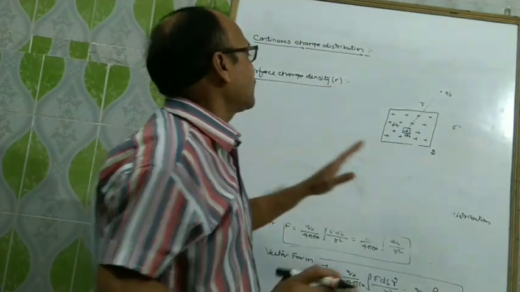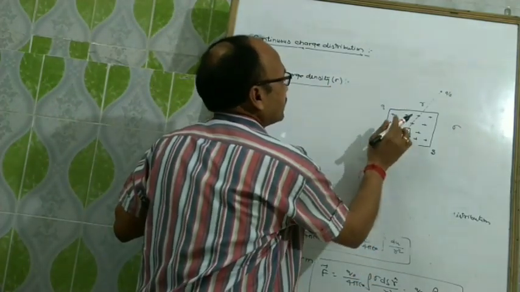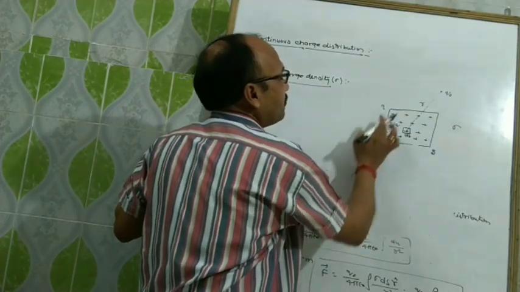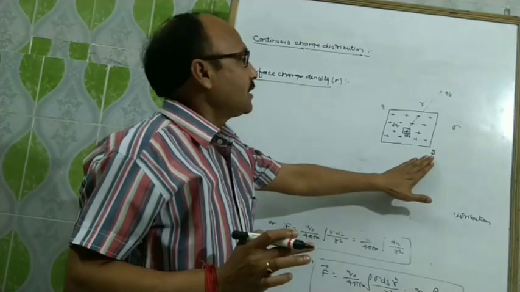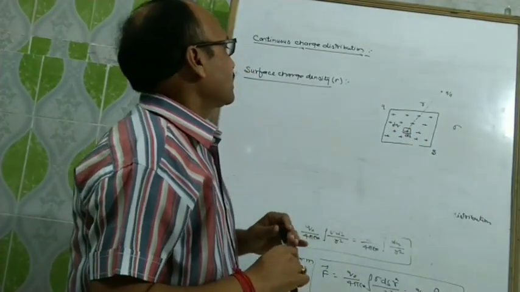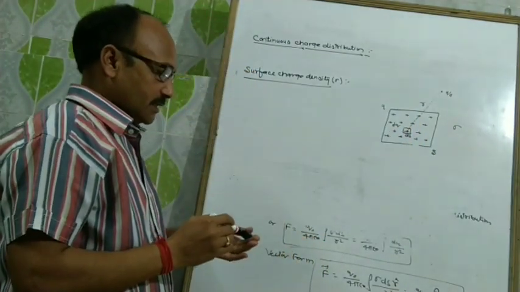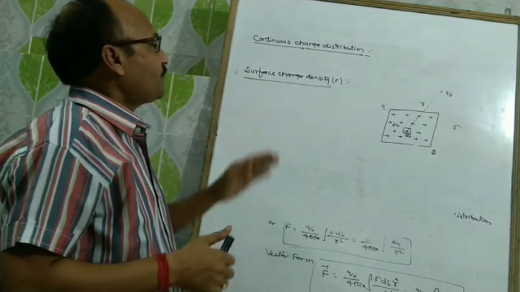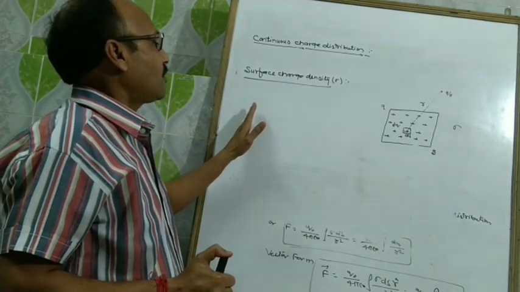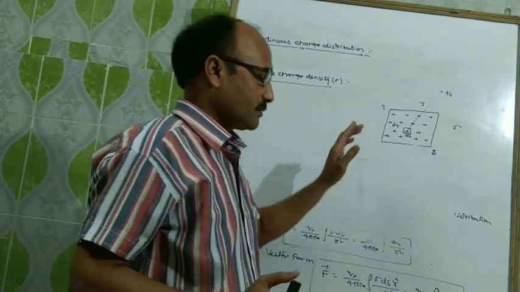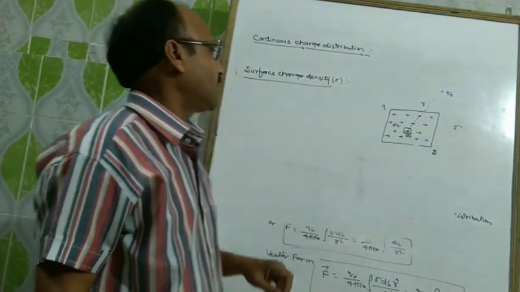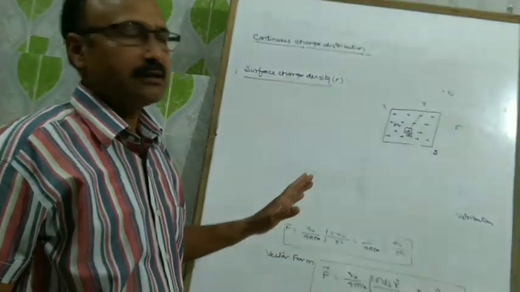You can understand this: plus q charge is uniformly distributed on the surface S. So we can define this: the amount of charge uniformly distributed or spread over per unit surface area. I repeat this definition.